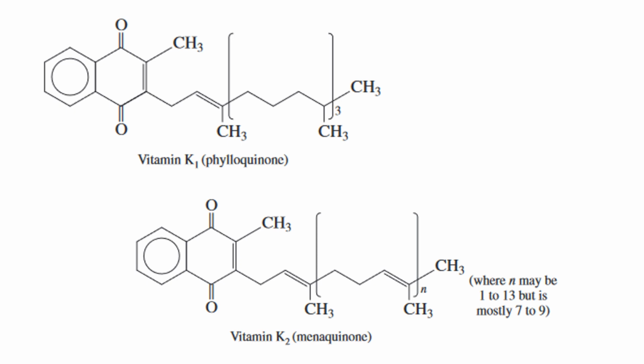Menaquinone side chains have several carbon-to-carbon double bonds, in contrast to the one carbon-carbon double bond present in phylloquinone. Vitamin K2 is found in animals and humans and can be synthesized by bacteria, including those found in the human intestinal tract. Typically, about half of the human body's vitamin K is synthesized by intestinal bacteria, and half comes from the diet.